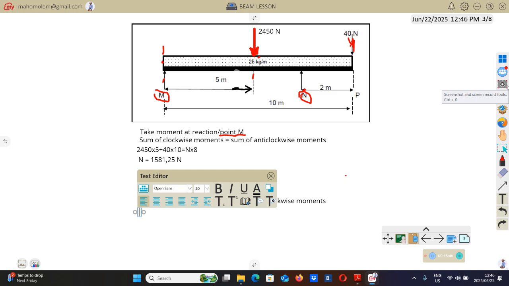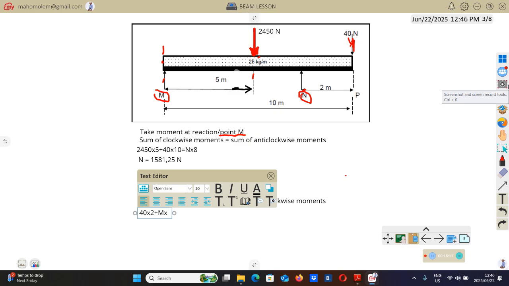So the first force is 40, multiplied by the distance from N to 40, which as you can see is 2, plus that other force at M, which we don't know at the moment. We don't know the force at the moment.